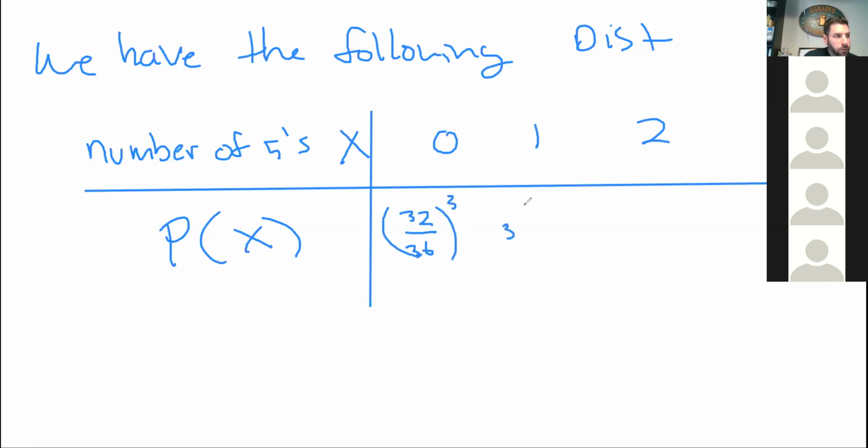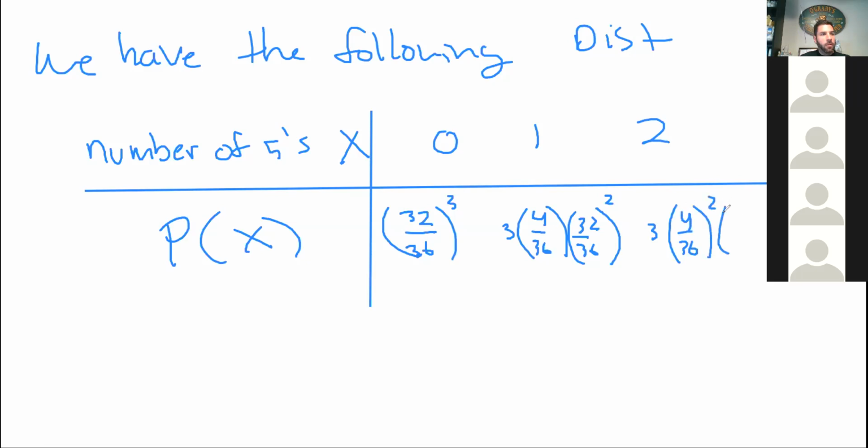Probability to get 1 is 3 times 4 over 36 times 32 over 36 squared. The probability I get 2 is 3 times 4 over 36 squared, 32 over 36. And then lastly, excuse me, not 32 over 36, it's 4 over 36.